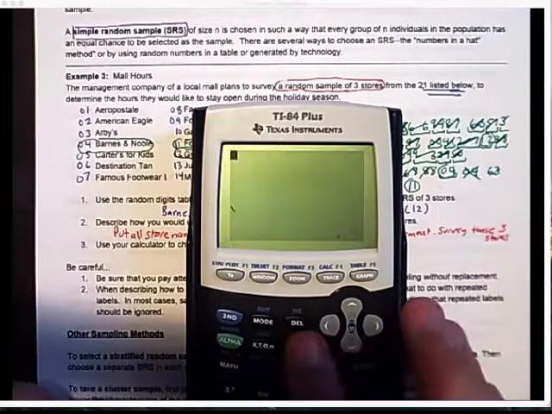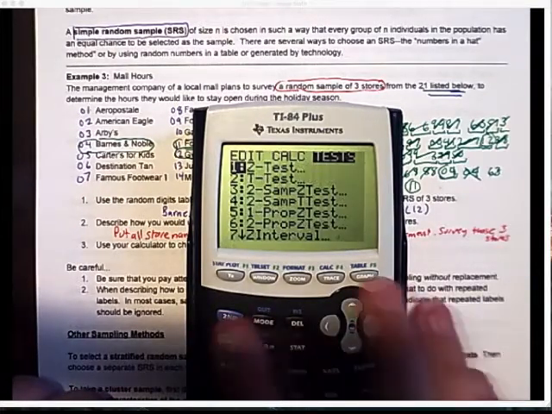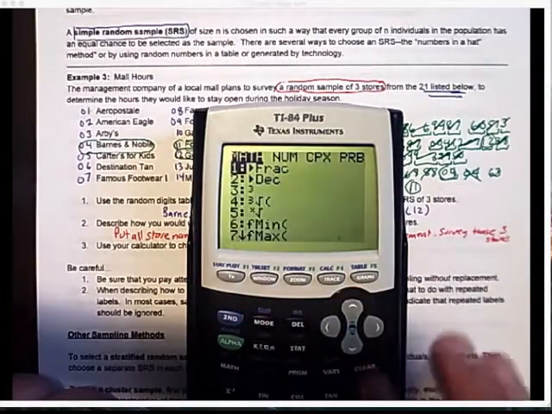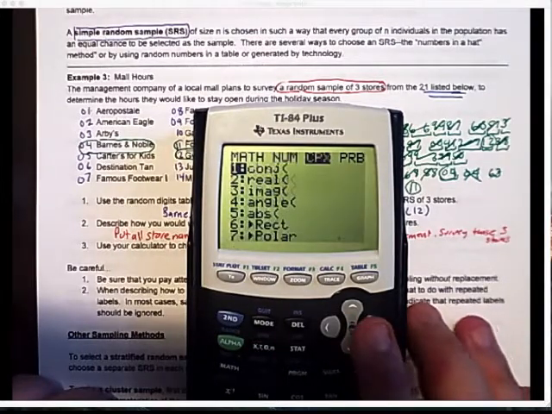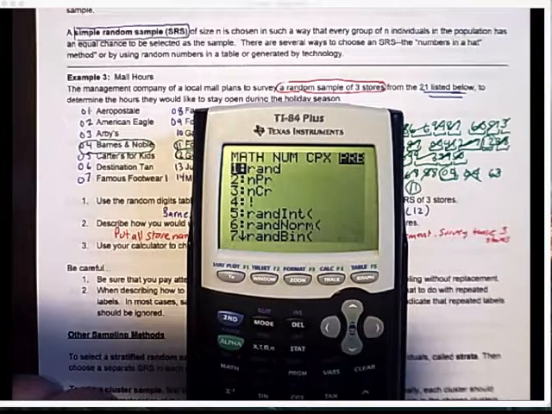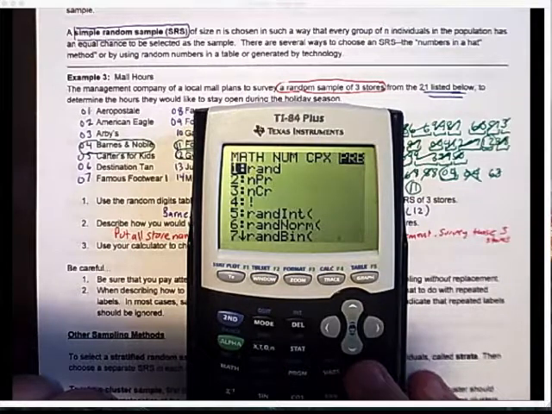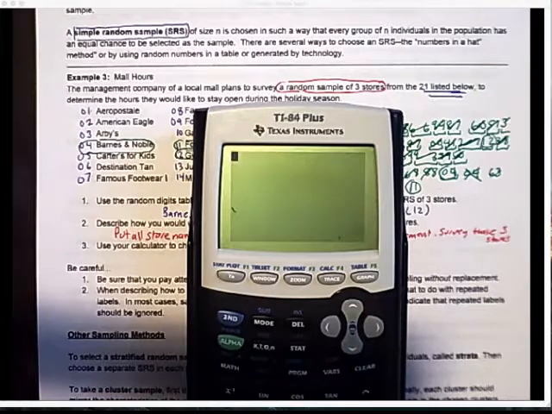So, for instance, here's the way I can see the calculator. If I go stat, that's not what I do, sorry. I go math, go over to probability. Actually, before we do that, just pick a number.